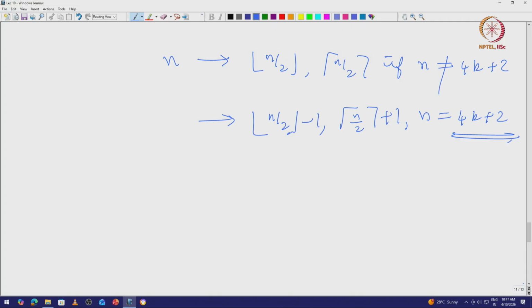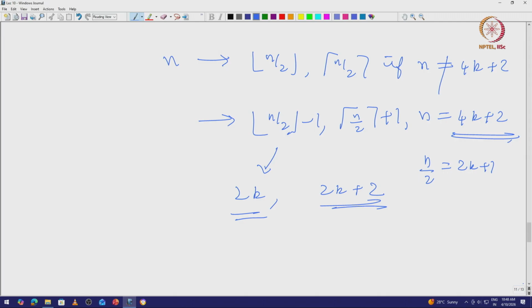So, n by 2 will be 2k plus 1. Therefore, this split will be 2k and 2k plus 2. So, you can see that it is split into even smaller problems.